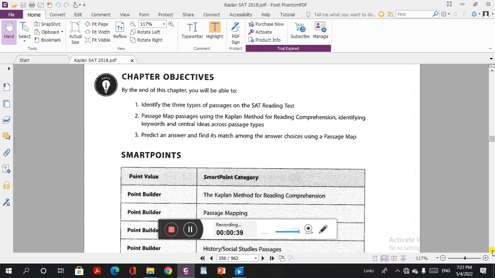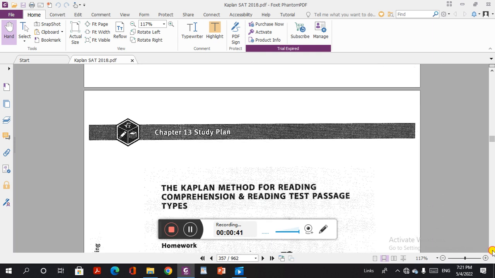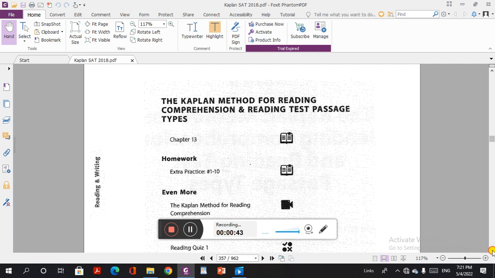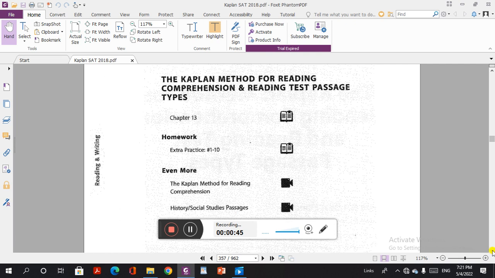Before you read the passage, you have to practice. You have to know how to practice, how to become super in reading passages.